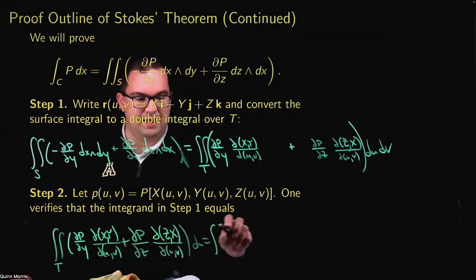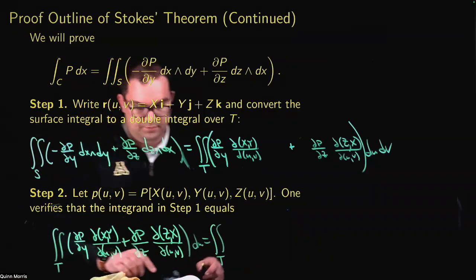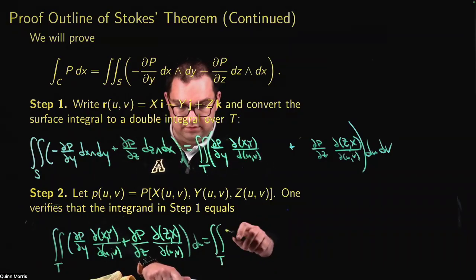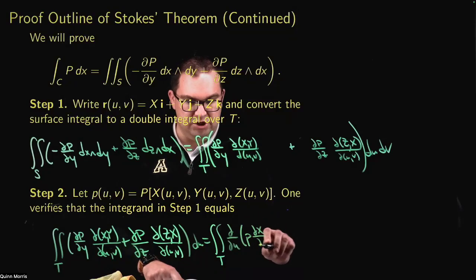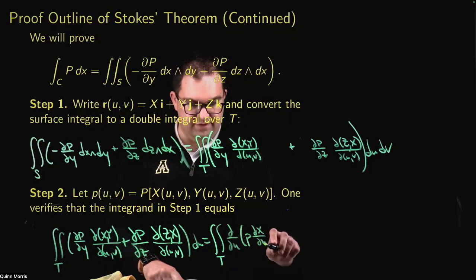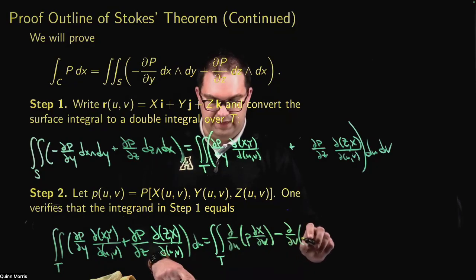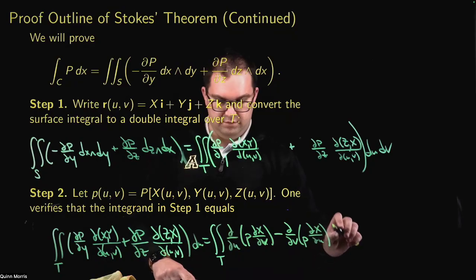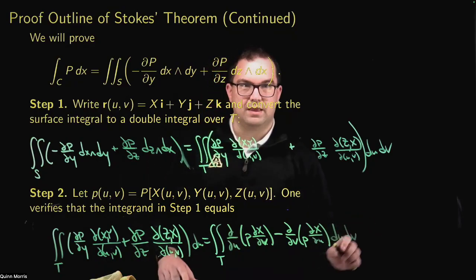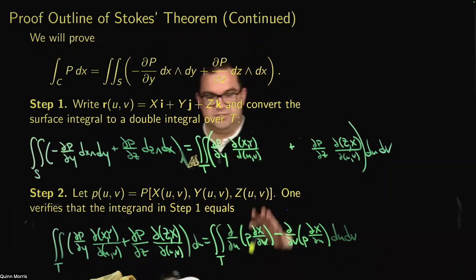All I want to do is verify that I can rewrite this integrand, just the thing sitting inside here, as the derivative with respect to u of p times dx/dv, minus the derivative with respect to v of p times dx/du, and then du dv.